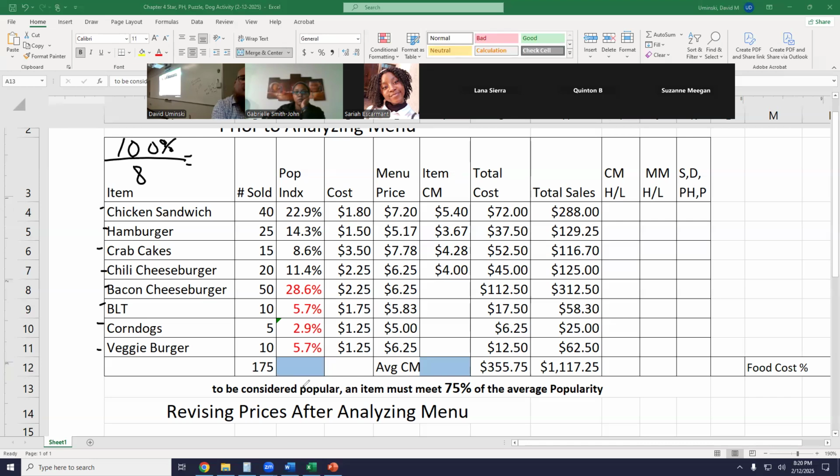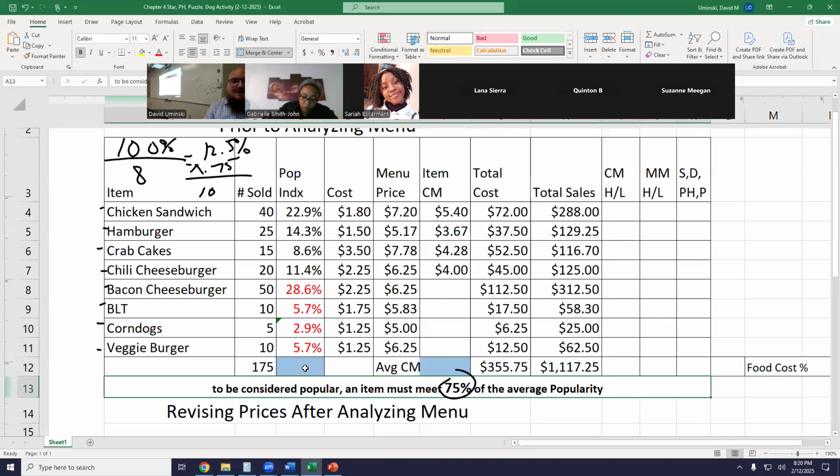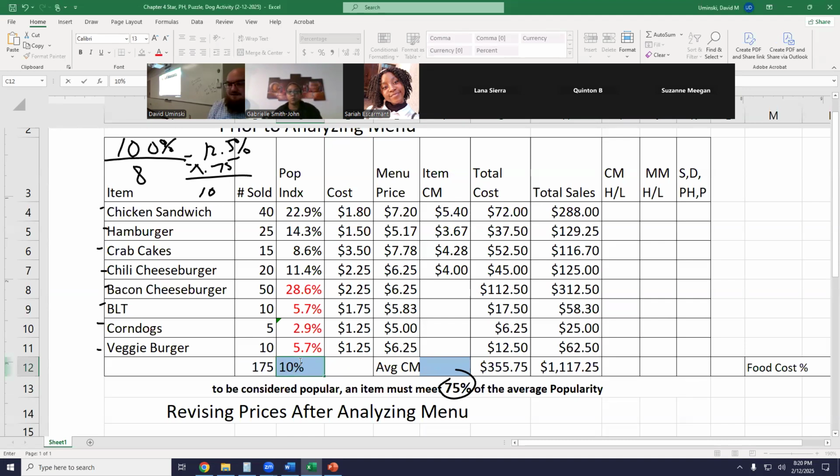We know that 100 divided by 8 is 12.5. And now we want to multiply by 0.75. That gives me 10. Okay, so my popularity benchmark is 10.